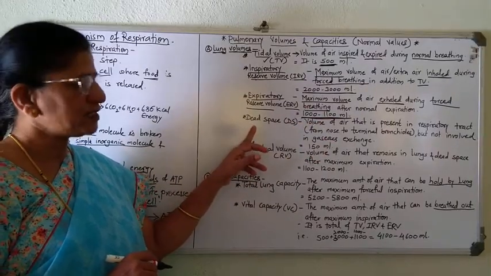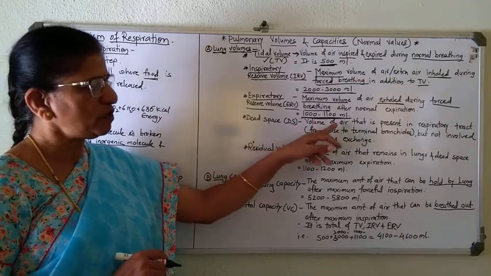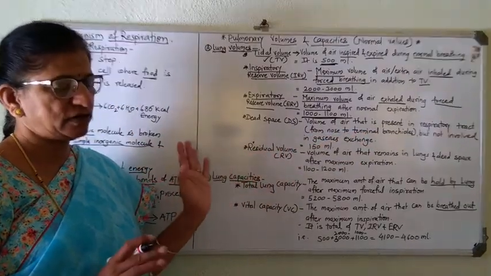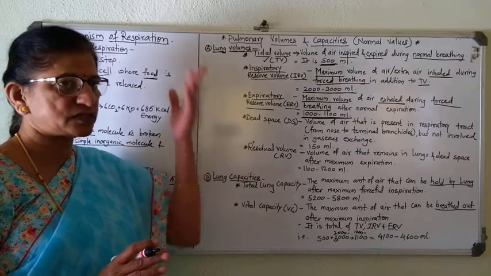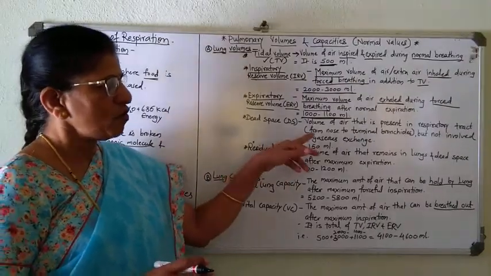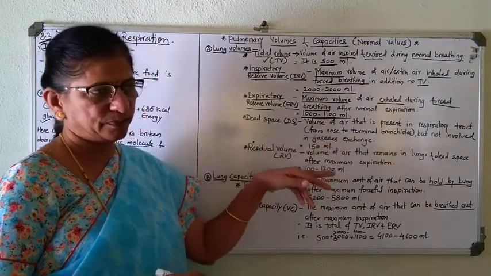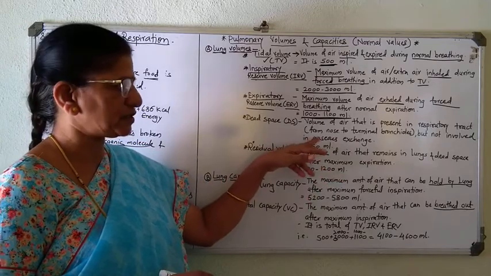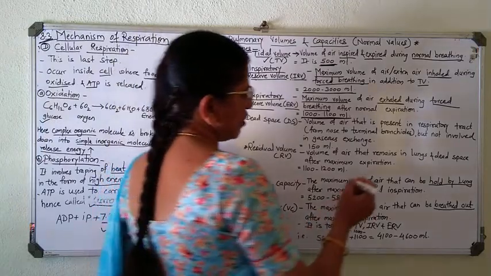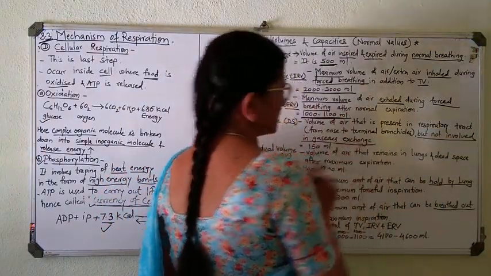Now next is dead space, or DS. What is DS? DS means the volume of air that is present in the respiratory tract. Now you are well known about the respiratory tract. The respiratory tract starts from the nose and ends at the alveolus. So, specifically from the nose to the terminal bronchiole, not involved in gaseous exchange.